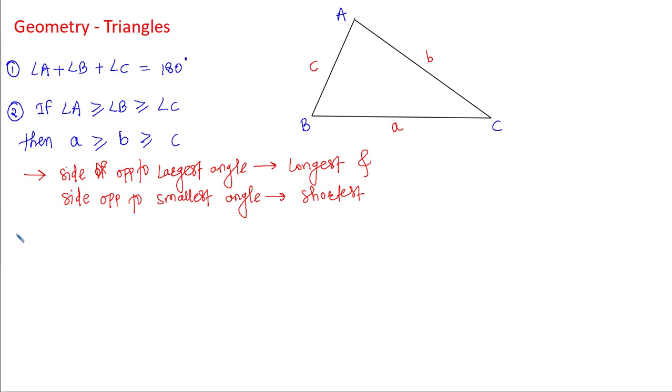The third property over here: in a triangle, the sum of any two sides is always greater than the third side.